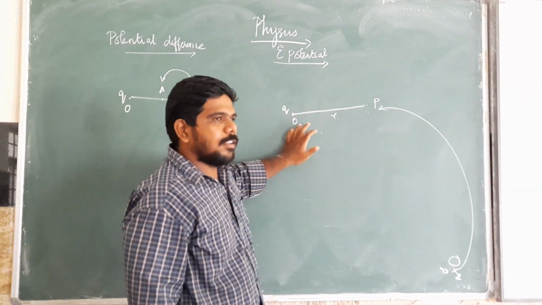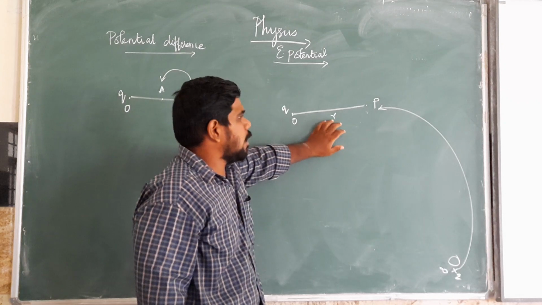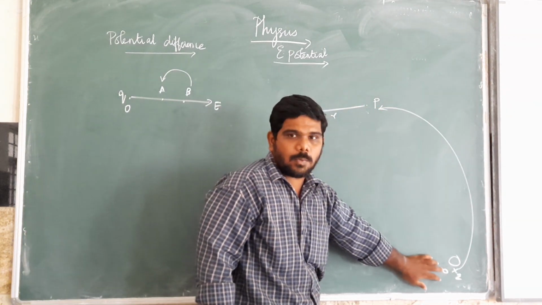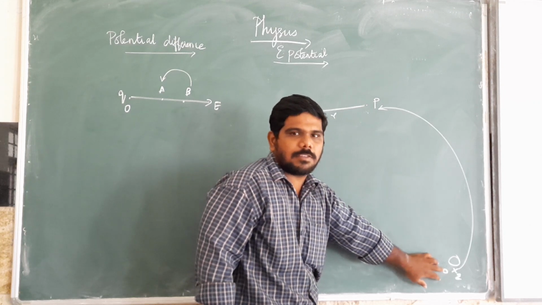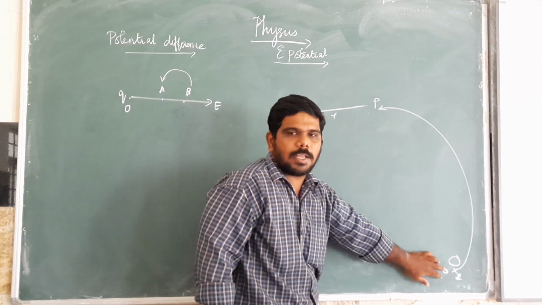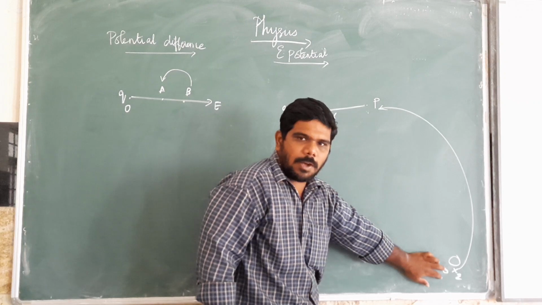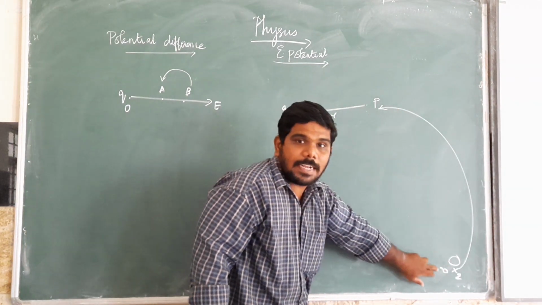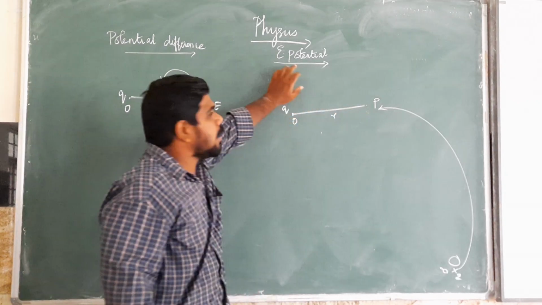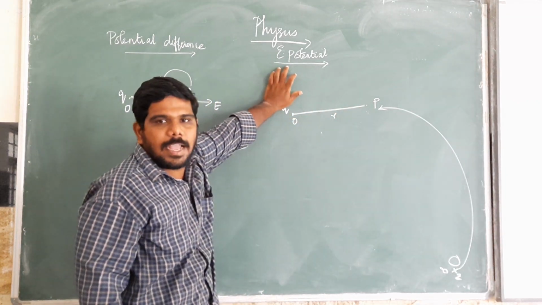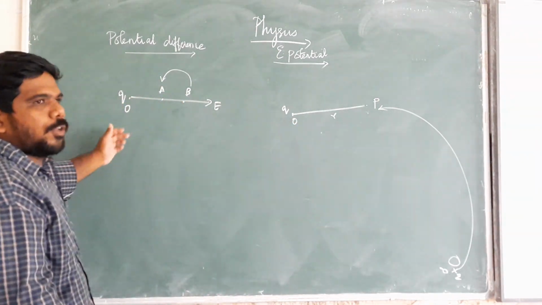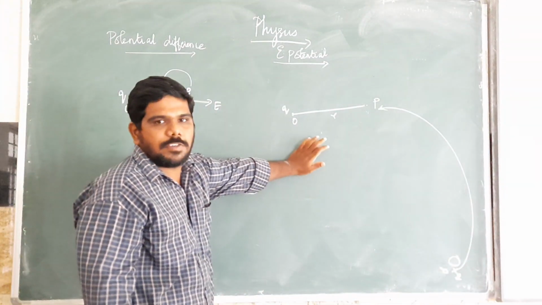We consider a charge, and a point P at distance R. The amount of work done required to move a unit positive charge from infinity to the point is called the electric potential. I hope you understand the difference between potential difference and electric potential.